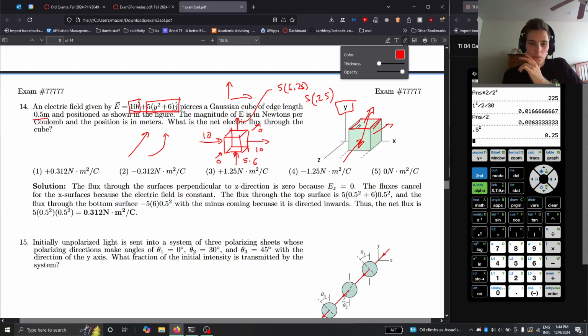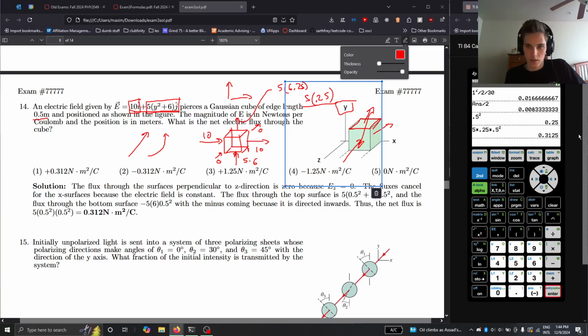So we'll just multiply by the area to scale this unit flux up to the actual size of the cube. So you get 5 times 0.25 times 0.5 squared, and that gives 0.312. And again, you're having more come out from the top face than you are having come in from the bottom face, so it's going to be positive.